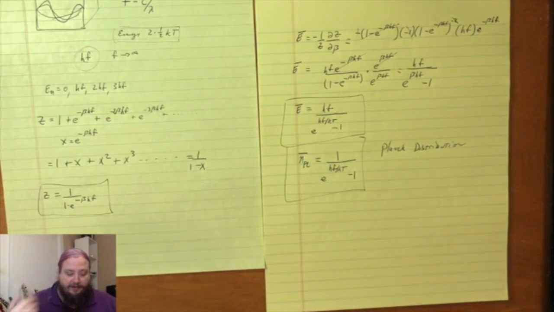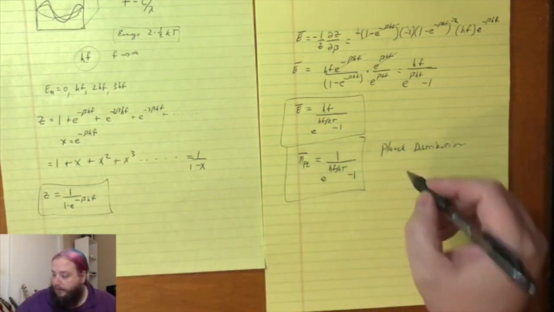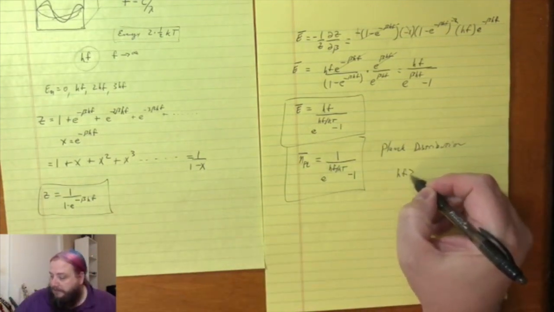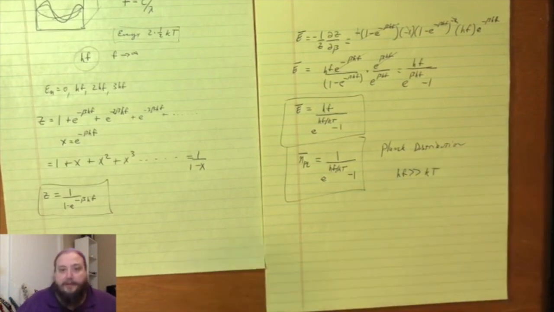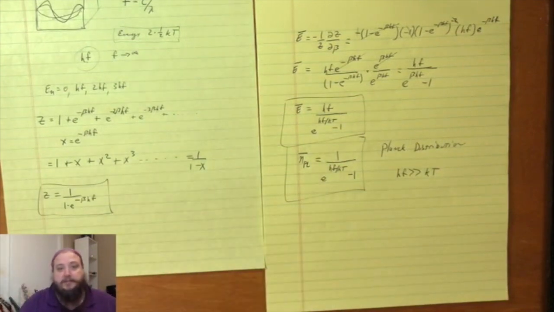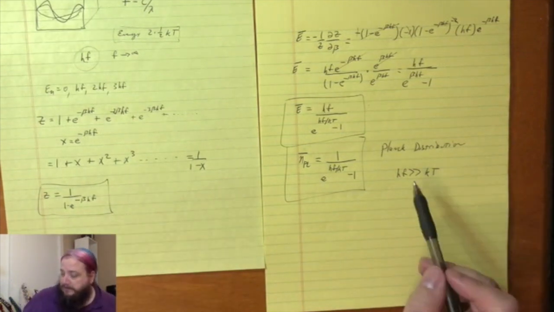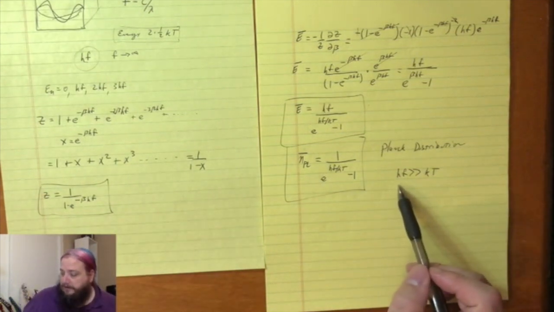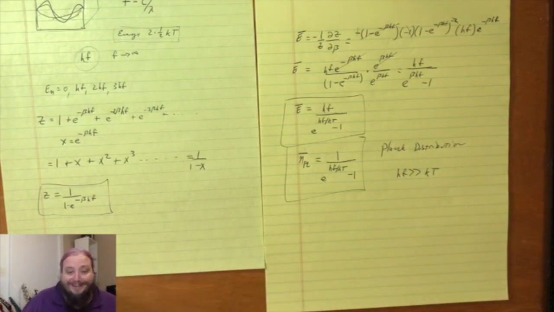So it's like those Gibbs factors. When hf gets much, much larger than the thermal energy kT, then these modes are exponentially suppressed, and so we don't have an ultraviolet runaway. We just have a finite amount of energy locked in the electromagnetic field.